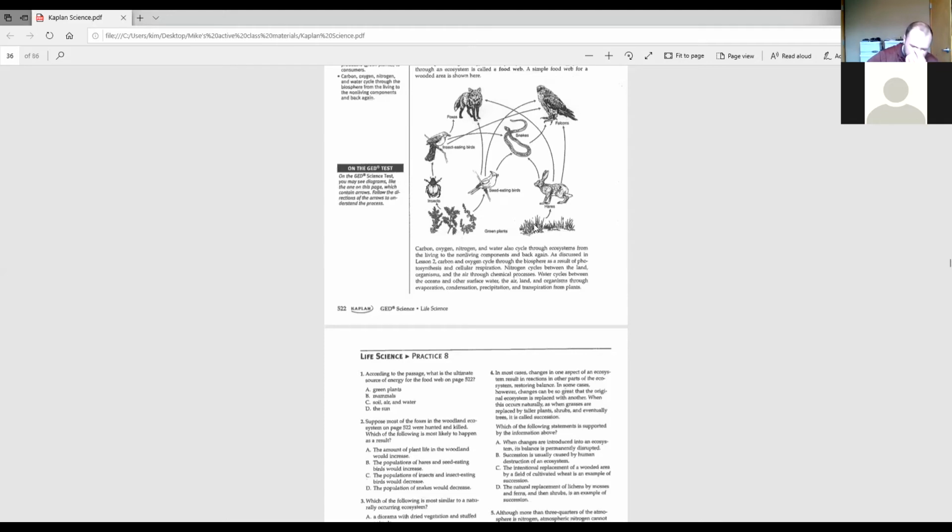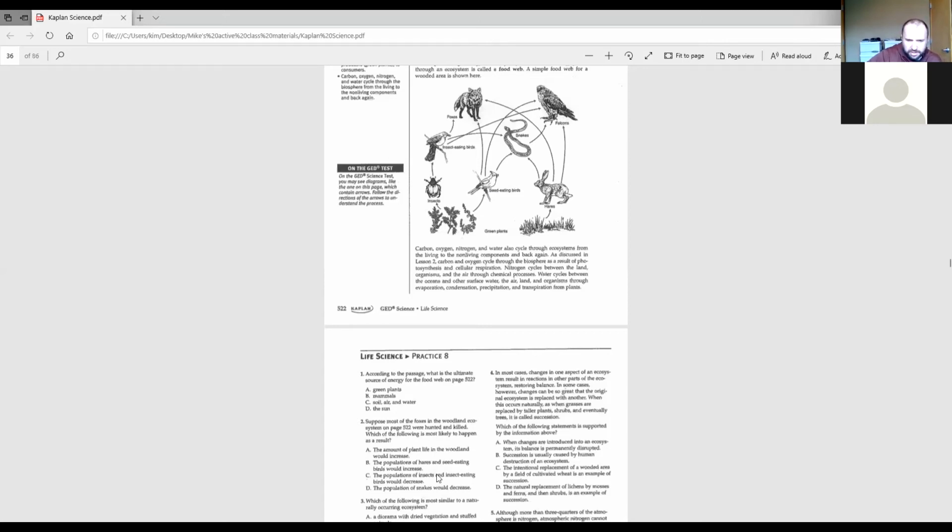It doesn't necessarily sound right, but let's read the other options first, because I bet there'll be some easier ones to get rid of. B, the population of hares and seed-eating birds would increase. Here's hares, here's seed-eating birds, here's foxes. Foxes do eat both seed-eating birds and hares, so B makes sense. Let's look at the last two.